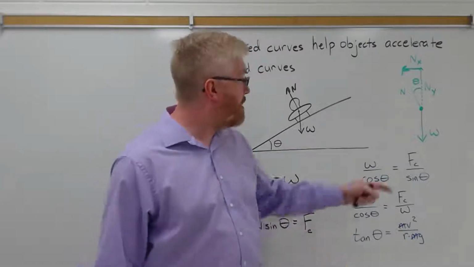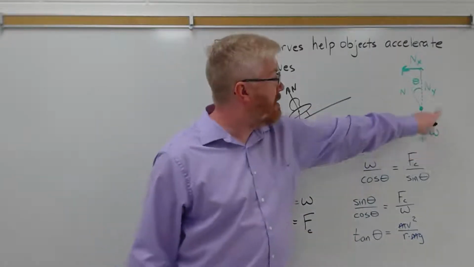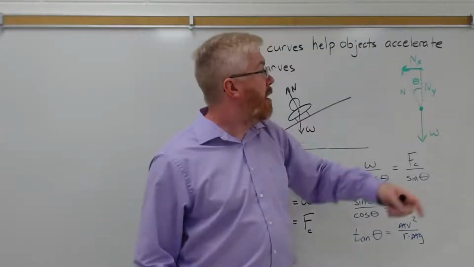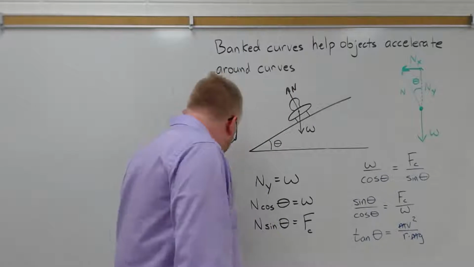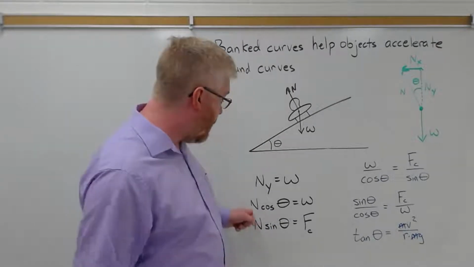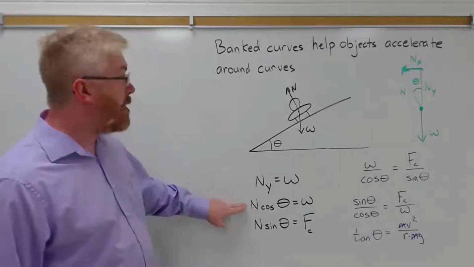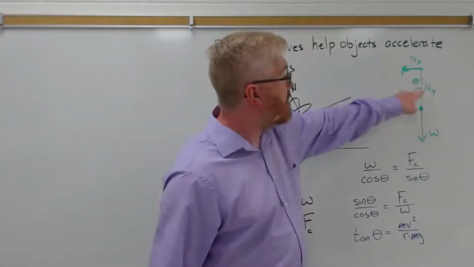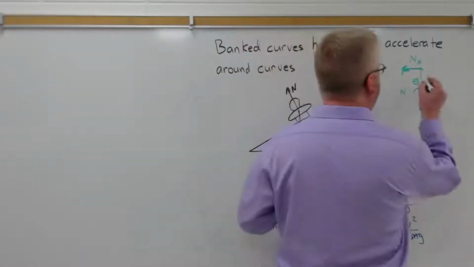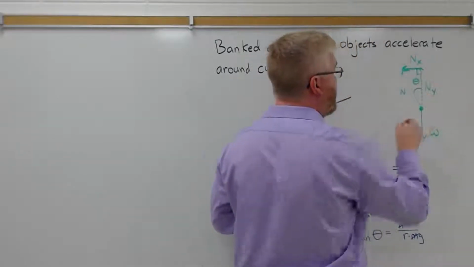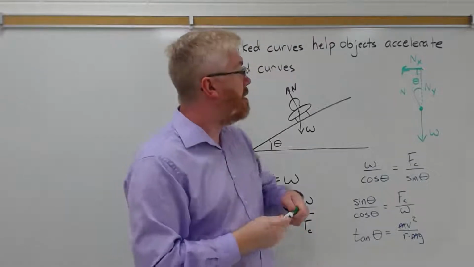So looking at what we have here, the weight is balanced by the normal force in the y direction. The normal force in the y direction, n sub y, balances the weight. The normal force in the y direction, that's the cosine, right? This is a 90-degree angle here. This is the adjacent side, and n is the hypotenuse for angle theta.